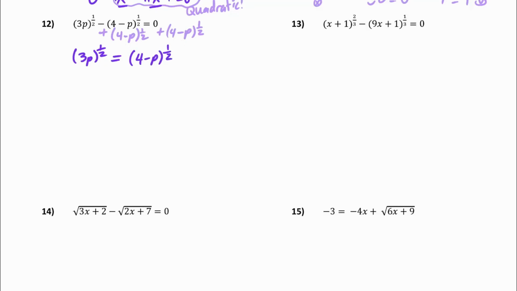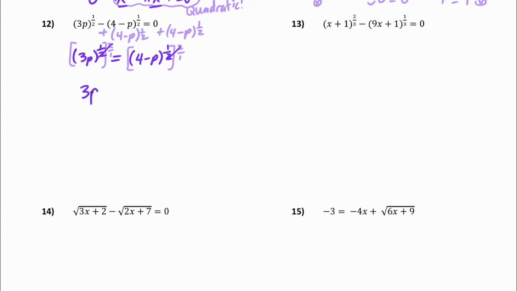Now what is great about this problem in particular is to get rid of those 1/2s, we know from the front, you raise it to its reciprocal power, 2 over 1. So we're really just squaring it, which makes sense. If those were square roots, yeah, you'd square it. And so when I do that to both sides, the exponents for everybody literally just cancel out.